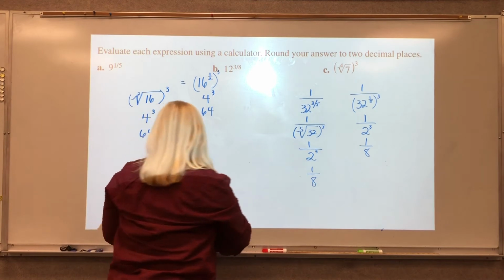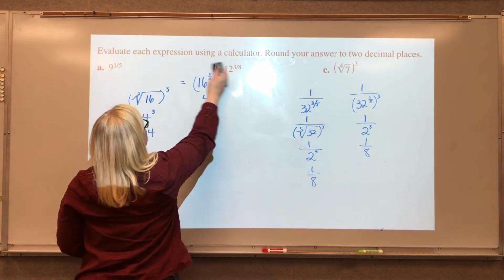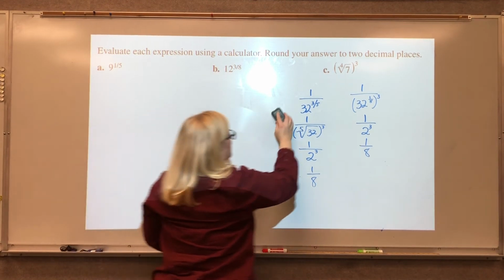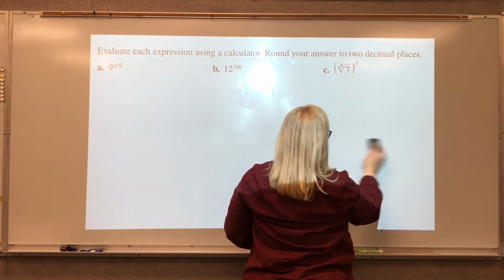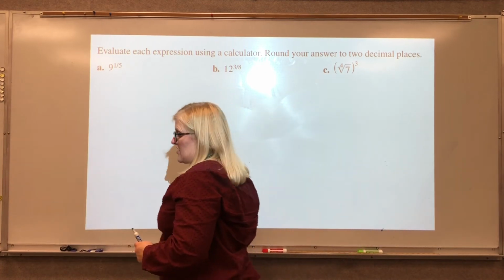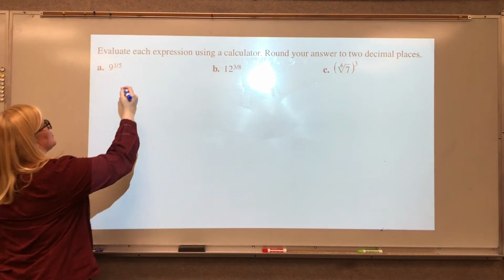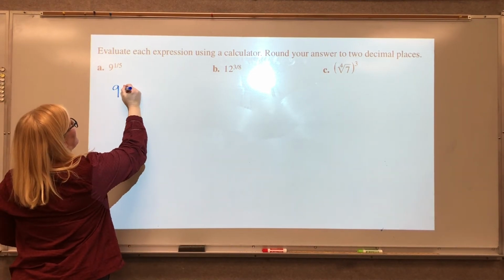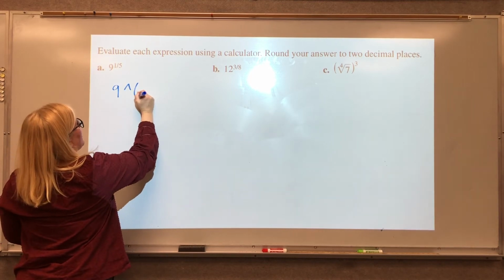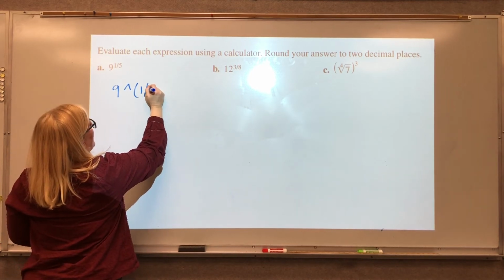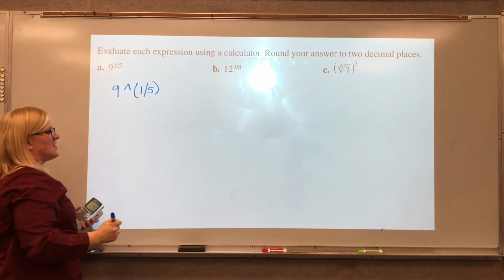Okay, these are a little bit easier. This is mostly just to make it so that you guys know how to use your calculators. Let me grab mine really fast. So how you're going to put these in your calculator is you're going to do 9 and then the caret, parenthesis 1 divided by 5, and enter.